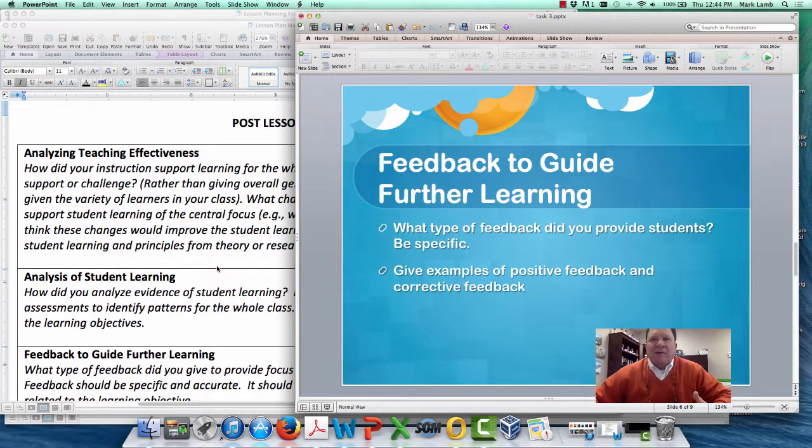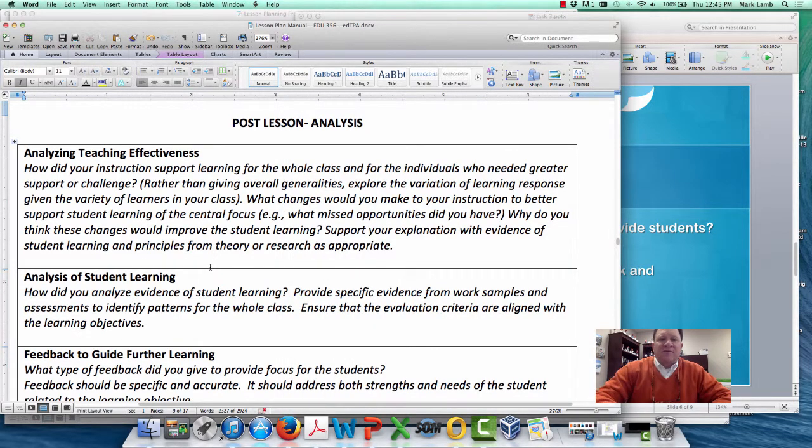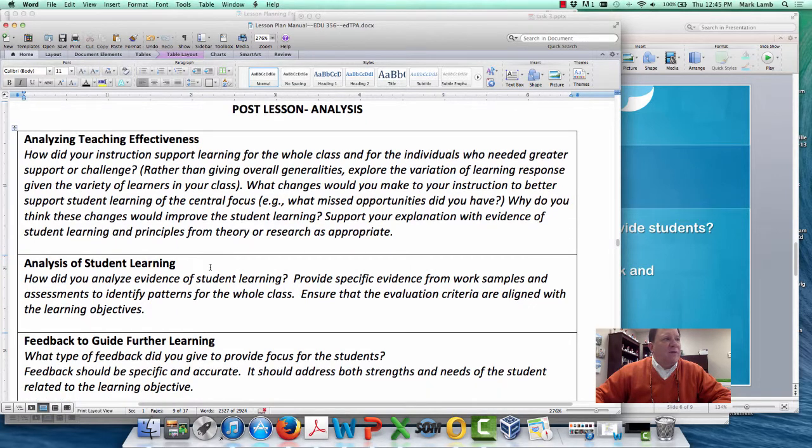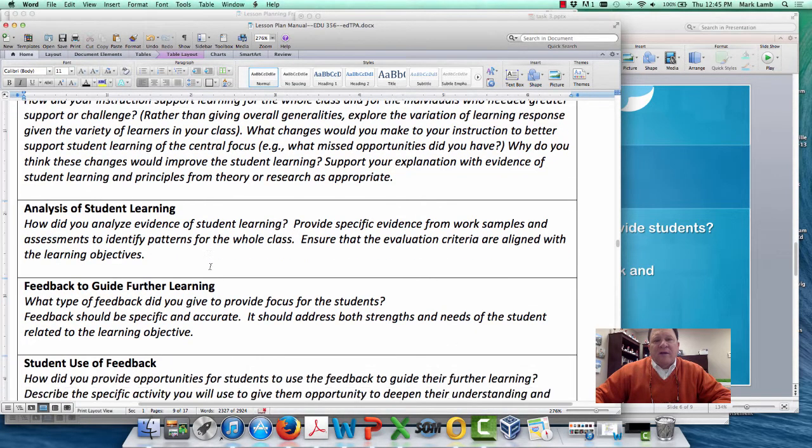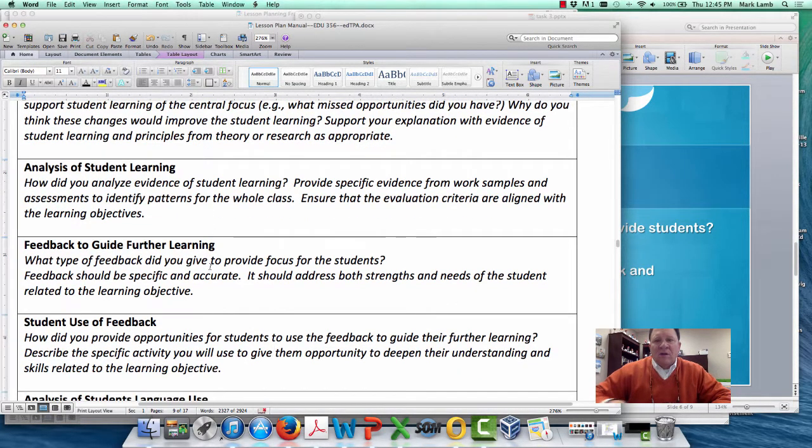Did you provide them with breaks in the lesson where you had them turn to partners and discuss while you walked around the room? Include any kind of strategy, and make sure that we're talking about both positive feedback and constructive feedback that identifies needs that the students have.